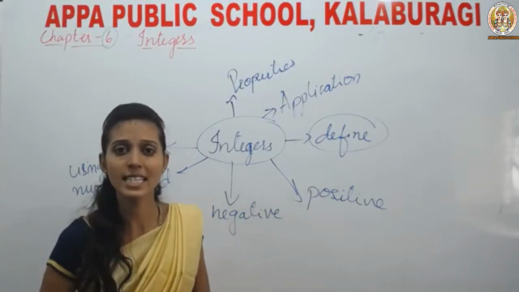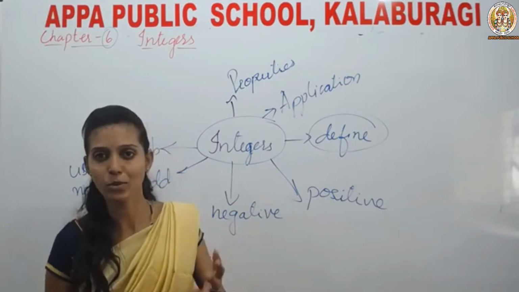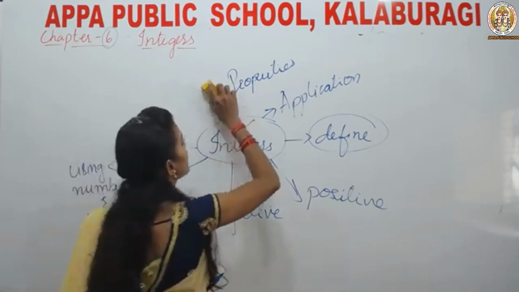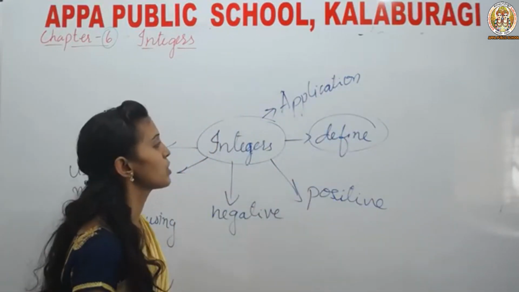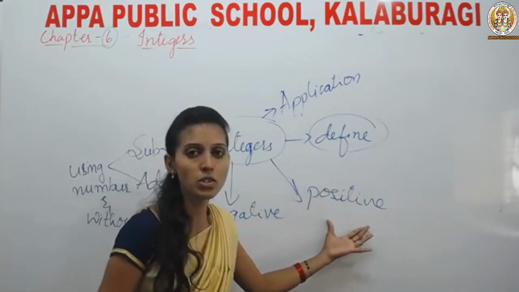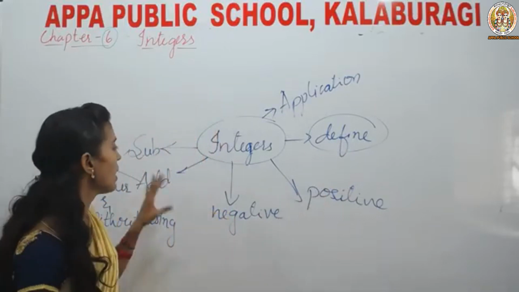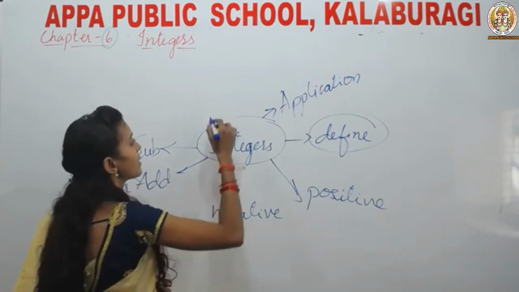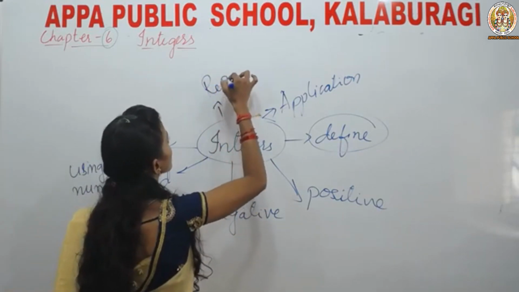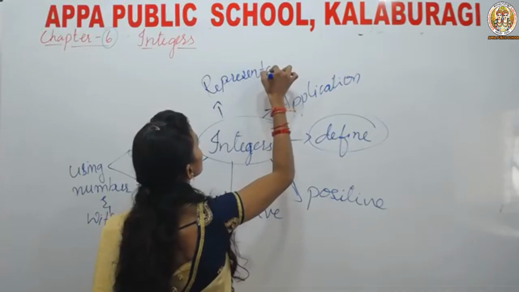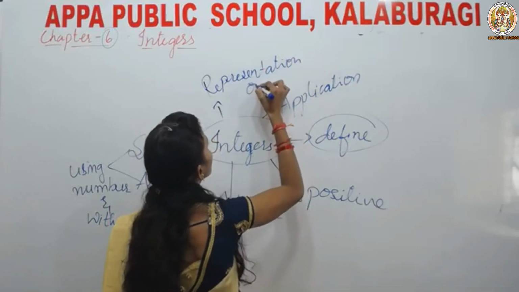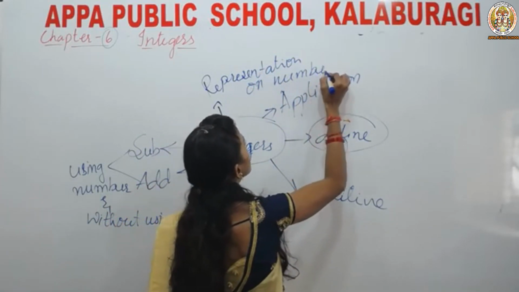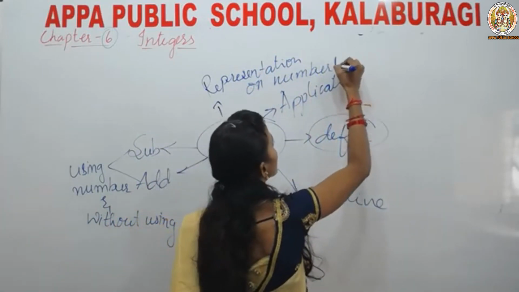So this year we are going to deal with only these: the definition of integers, what is meant by a positive integer, what is meant by a negative integer, addition and subtraction of integers using a number line and without using a number line, and representation of integers on the number line.